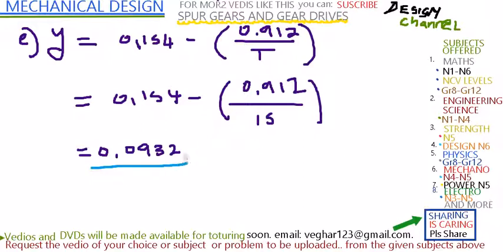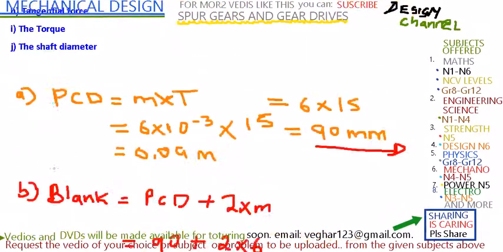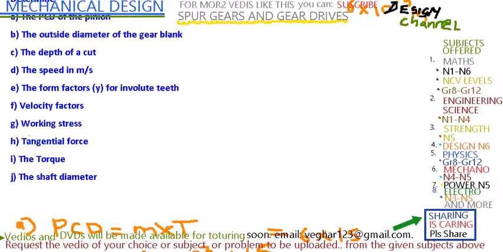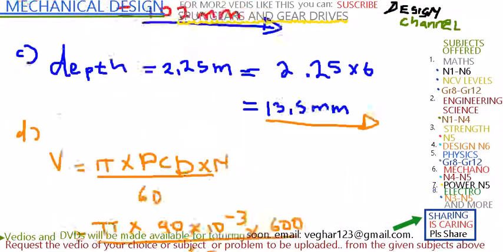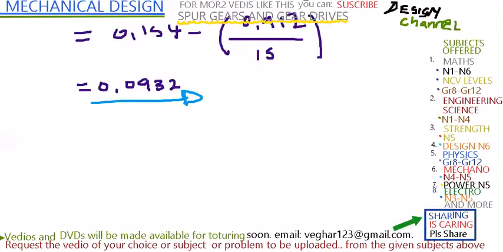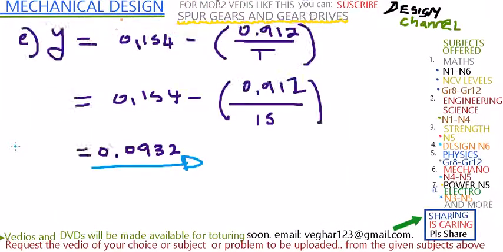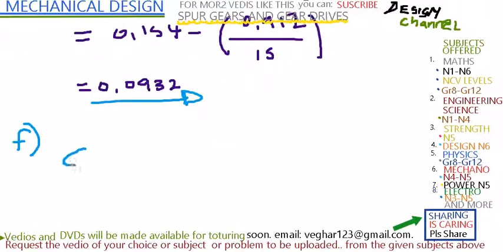From this point, you go to calculate the velocity factor. The velocity factors are different. The velocity factor depends on the velocity that you got from the top. So you have to check the velocity before you pick the formula, because there are different kinds of velocity factor.